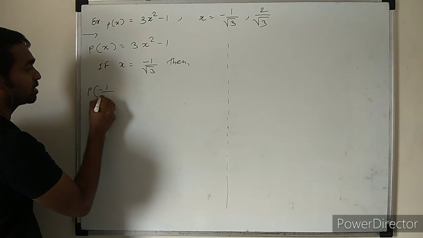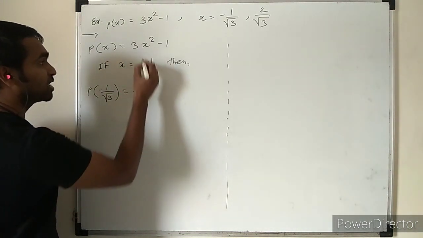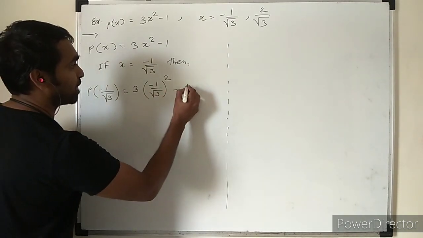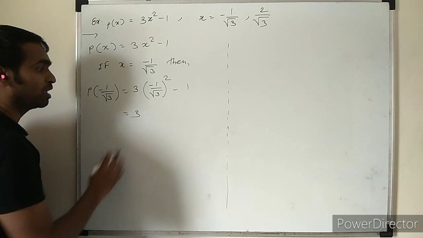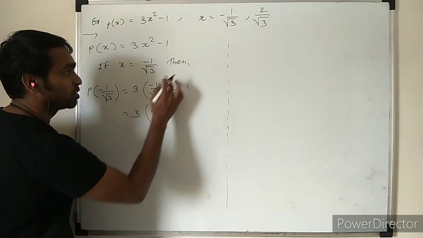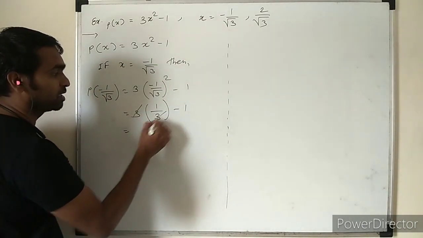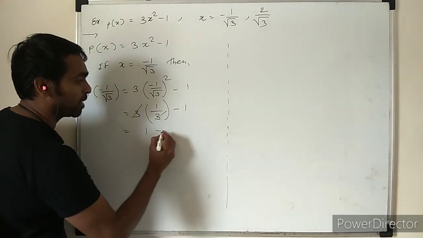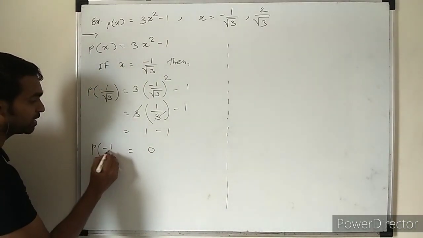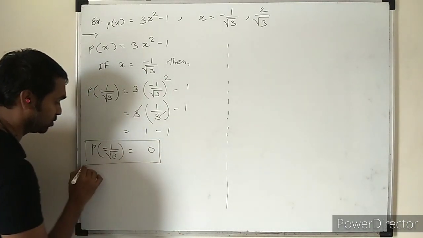P of minus 1 upon root 3 is equal to 3 multiply x square, that is minus 1 upon root 3 bracket square minus 1. So first one, 3 multiply minus 1 square, positive 1, root 3 square, that is 3, minus 1. Okay, so here 3 get cancelled, remaining 1 minus 1. Answer 0. That is P of minus 1 upon root 3 is equal to 0.